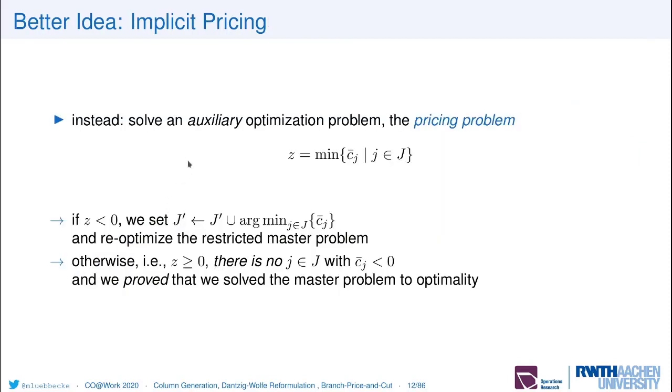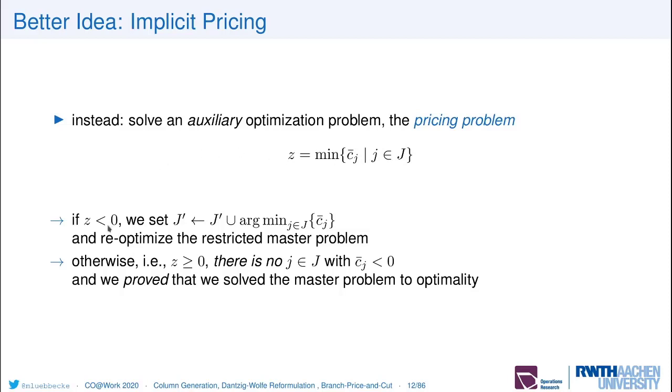Instead, what we always do in optimization, instead of an explicit enumeration, we do an implicit enumeration. So we solve a helper and auxiliary optimization problem, which we call the pricing problem. I just write it down here: I would like to minimize the reduced cost over all the variables. Okay, assume I could solve that. I would get an optimal objective function value here.